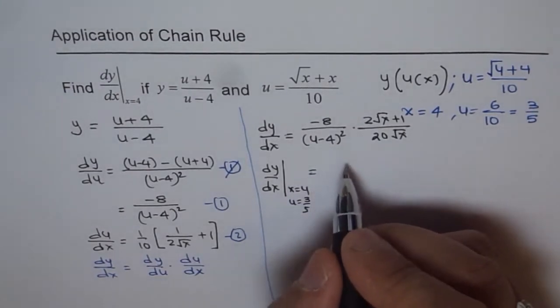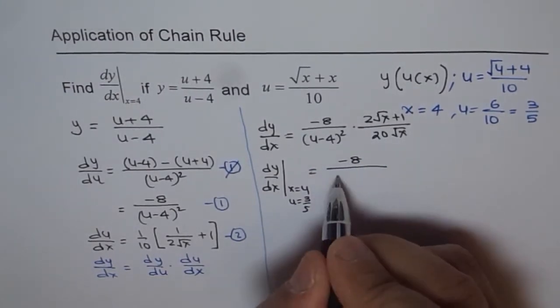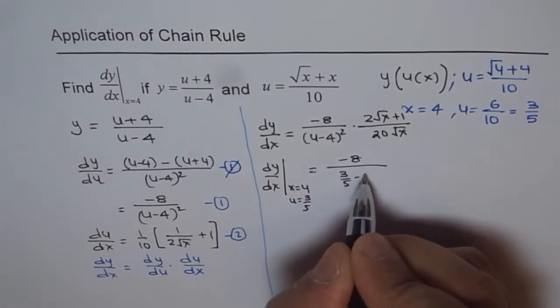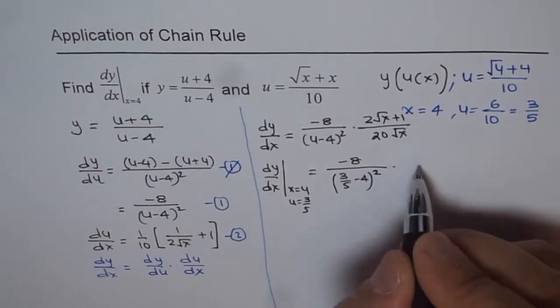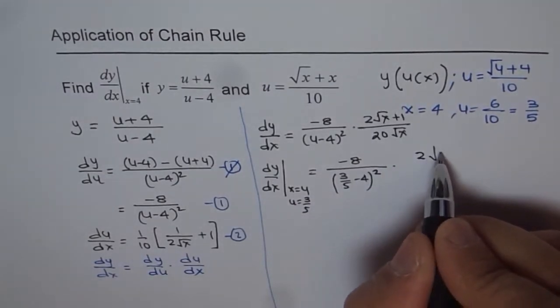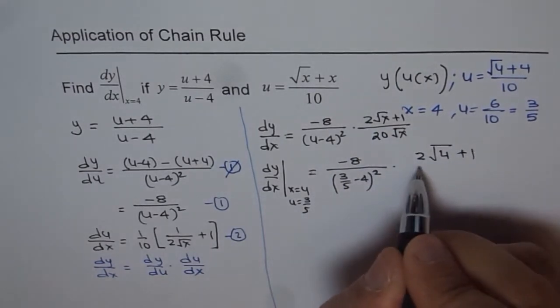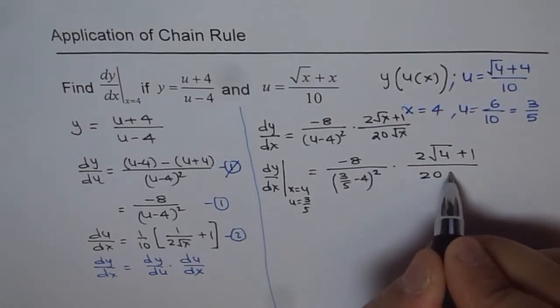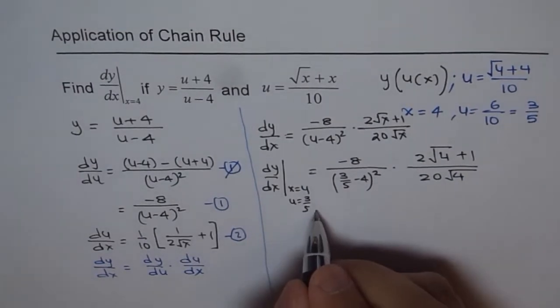So we have minus 8 over (3 over 5 minus 4) whole square, times (2 times square root of 4 plus 1) over (20 times square root of 4). Correct? So that is what we have here now.